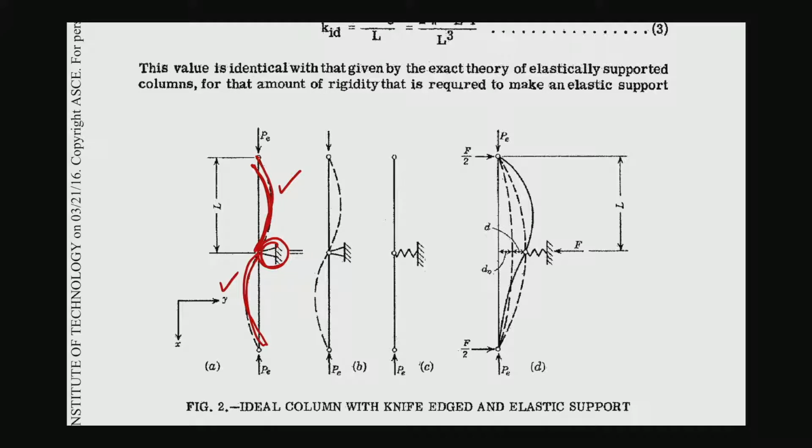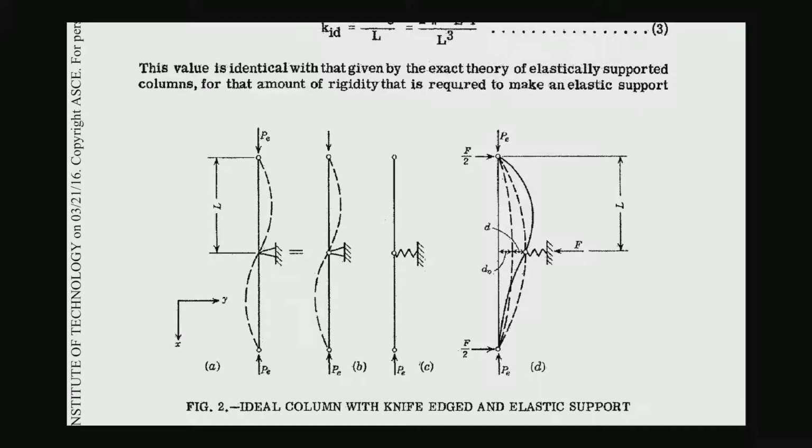The buckling load of the system here turns out to be PE, which is pi squared EI over L squared, where L is taken from this number. So both parts, the top and bottom, are mobilizing the highest capacity, which is the elastic buckling load capacity.